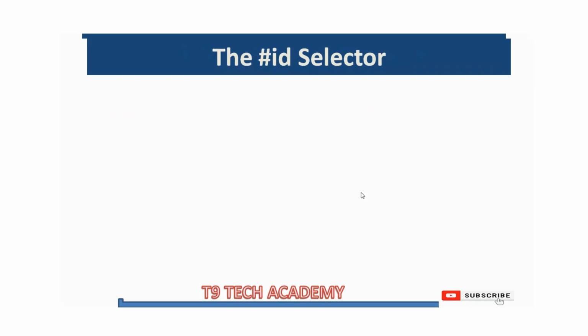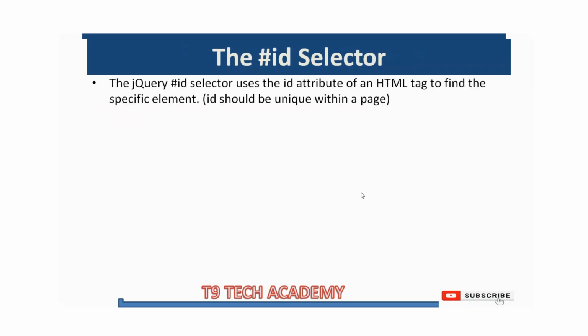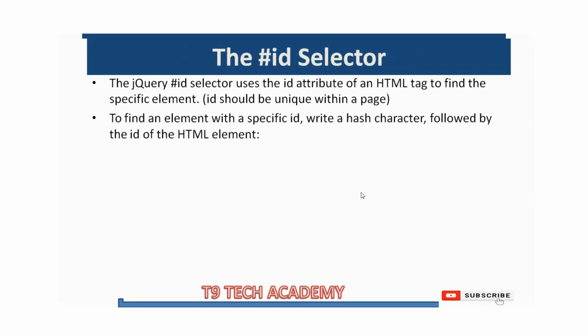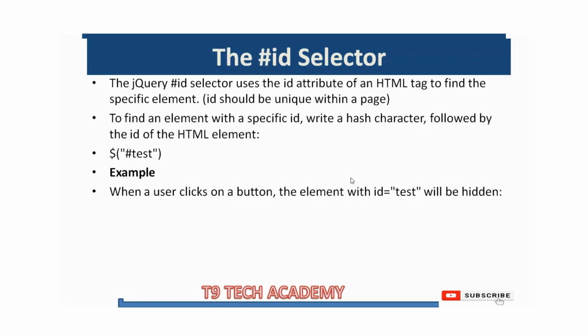Okay, then we go for the ID selector. So we can identify the elements based on the ID attribute. We need to give hash and then the ID in jQuery in order to identify the element. Let's say here text is the id, so we identify it by giving hash text.